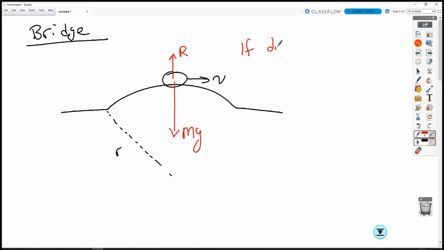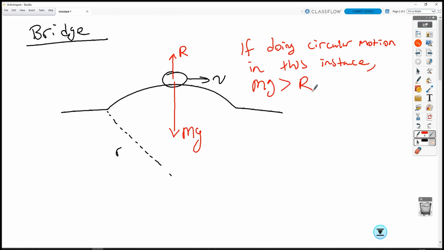So if doing circular motion in this instance, mg is greater than R.